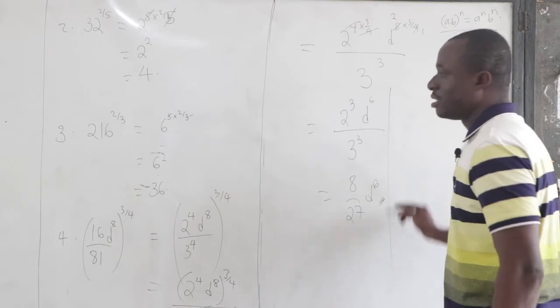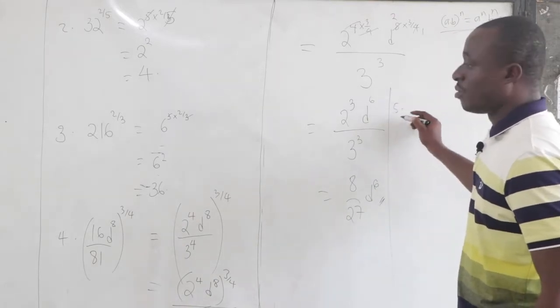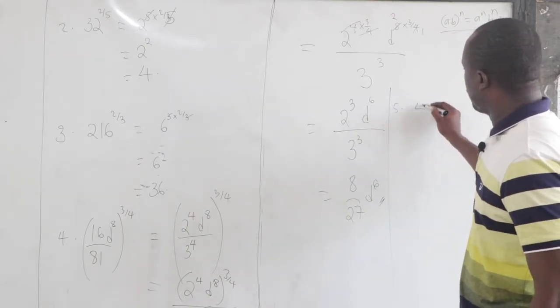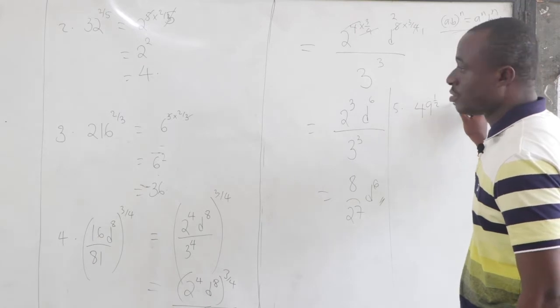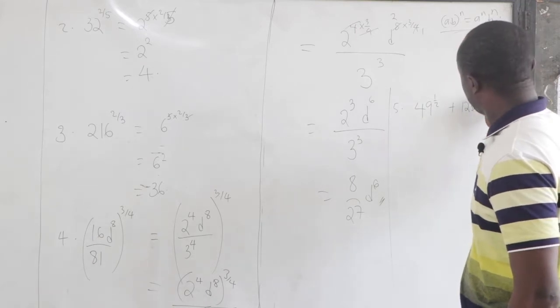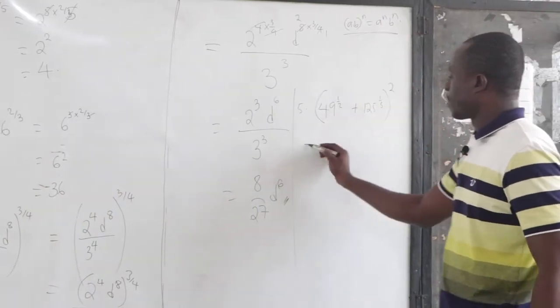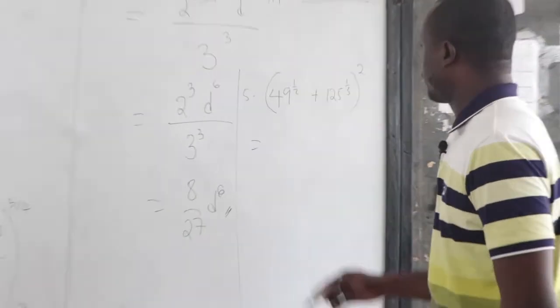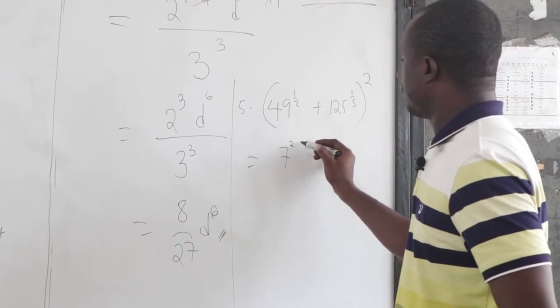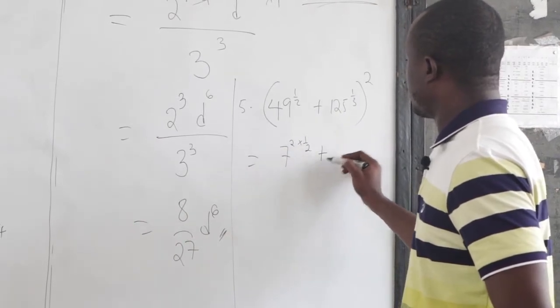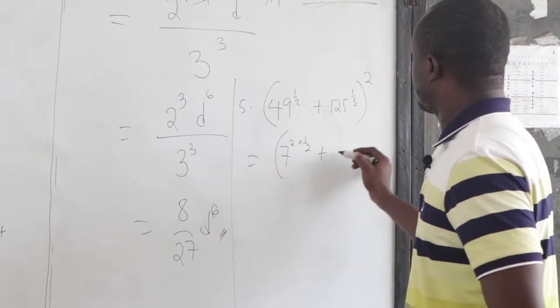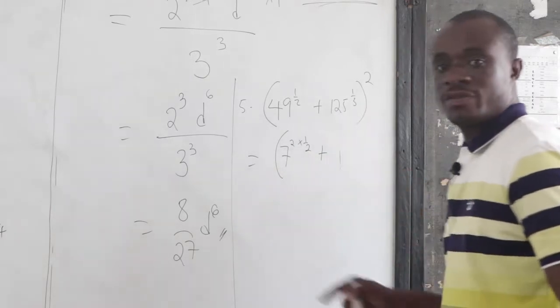Now let's see the fifth one. We have 49 to the power 1 over 2 plus 125 to the power 1 over 3, all to the power 2. Now this, we have to simplify the bracket first. So you have 7 to the power 2 times 1 over 2 plus this 125 to the power 1 over 3.